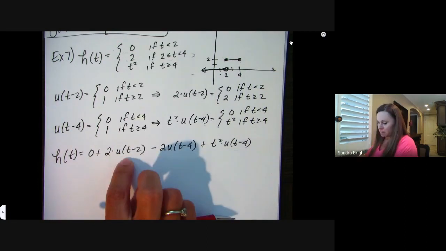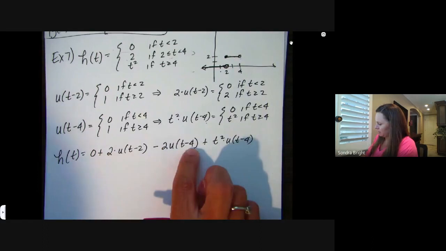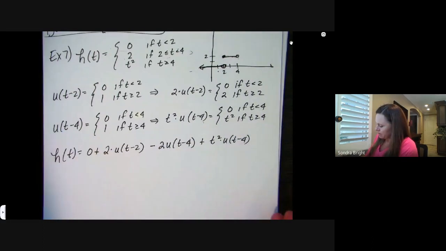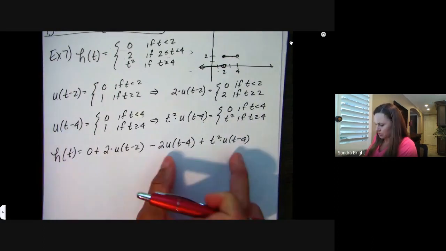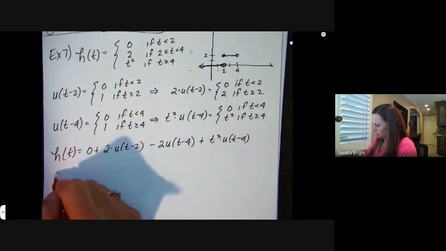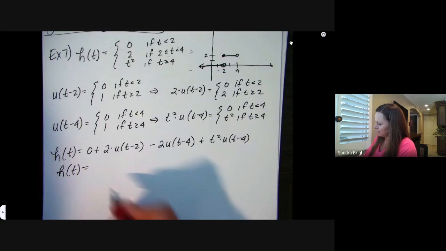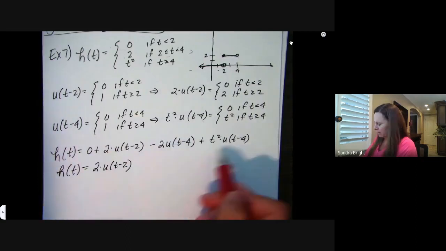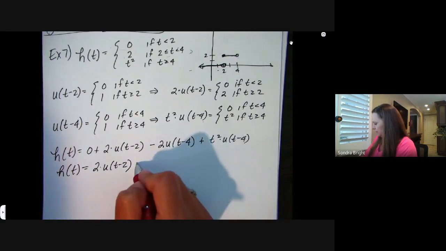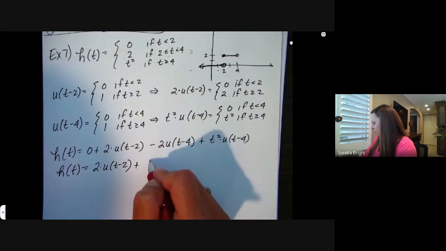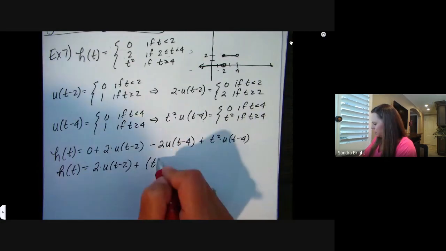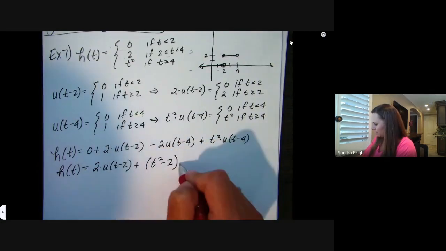Okay, so we can clean this up a little bit. We can combine these two anyway. So h of t is 2 times u of t minus 2, plus, combining these together, t squared minus 2 times u of t minus 4.